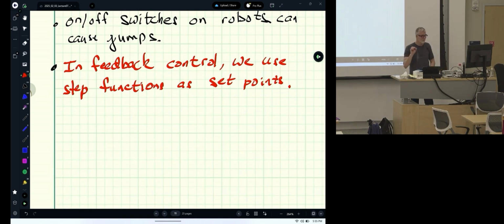There's some tricks of the trade to filter the commands so that you at least make the robot less discontinuous and jumpy. But it takes experience to know how to build that into your software. But it's there, okay? So you can take the command and then you can ramp down in a controlled way.